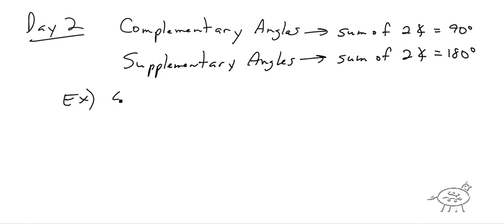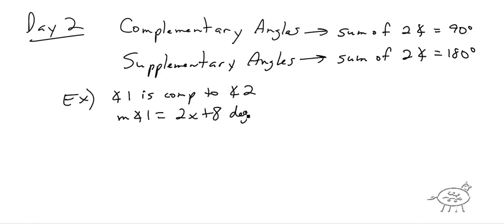Here's a quick example. If I said angle 1 is complementary to angle 2, the measurement of angle 1 is equal to 2x plus 8 degrees, and the measurement of angle 2 is equal to 3x minus 3 degrees.